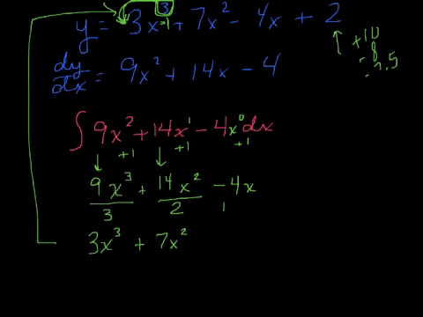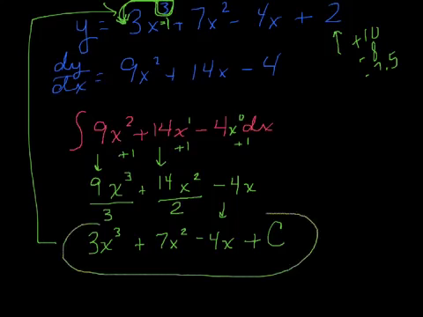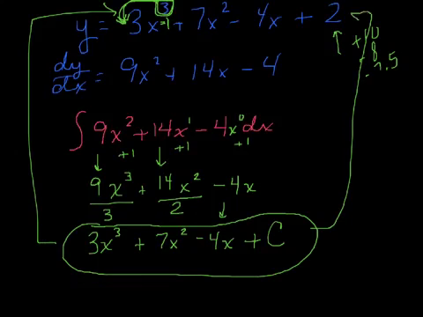So at the end of our answer, we have to put plus C. That means there might have been some random constant, but we don't know what it is because we don't have any further information. When you're doing this as a word problem, then you'll have that kind of information. But right now, this is the answer to your problem. You can check it with what you started with, and yes, it does match.